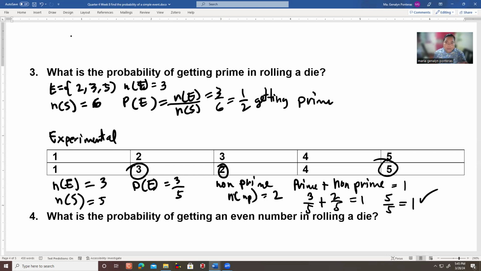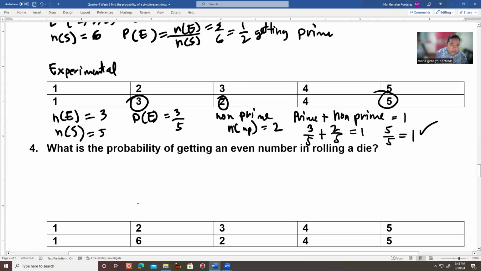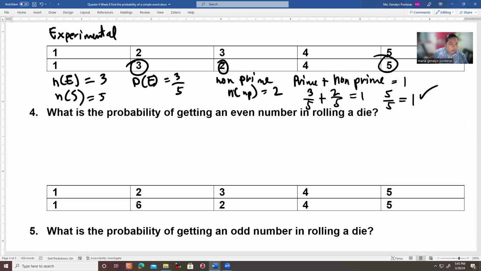Okay, so we still have the characteristics of probability. The probability of the event and the non-event, the sum is equal to 1. For an even number, for theoretical, you have 2, 4, 6.